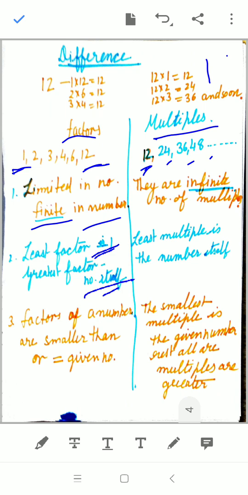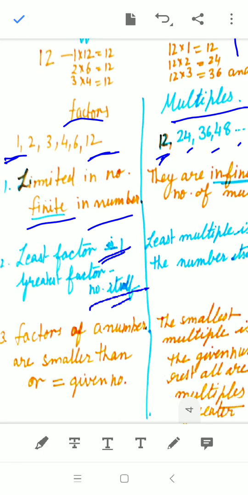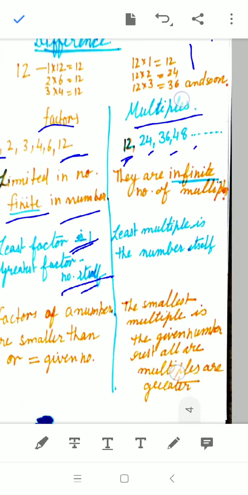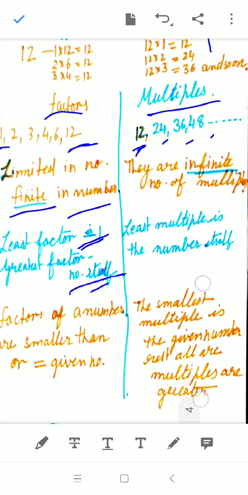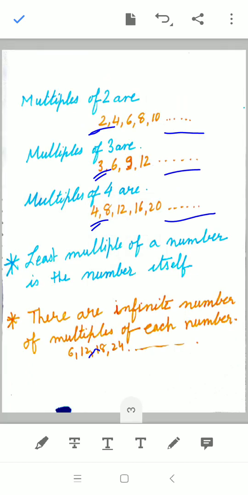Then factors of a number are smaller than or equal to the given number. You can see factors of 12: 1, 2, 3, 4, 6 are all smaller than 12, and only 12 is equal to 12. And what about multiples of 12? The smallest multiple is the given number.